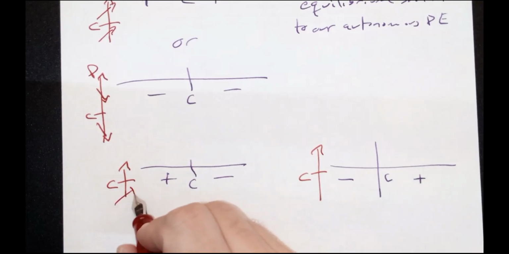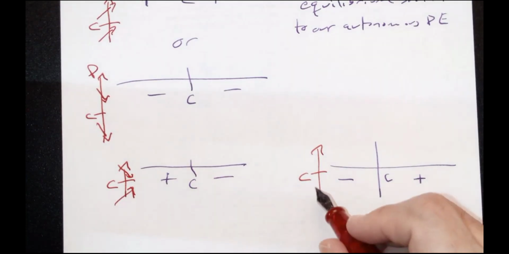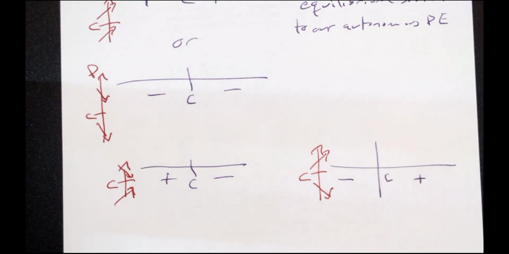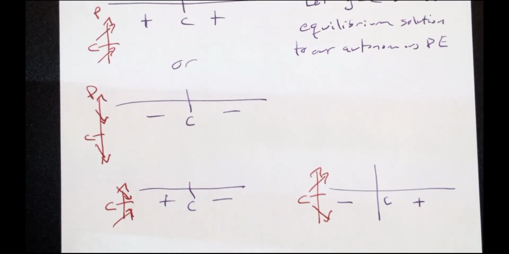Coming up from the bottom, coming down from the top. And over here, down on the bottom, up from the top. Okay, wait a minute. I like these 2 better because I think I can describe what's going on for these 2 better. This one, down from the top, up from the bottom. What's going to happen as we go from left to right?